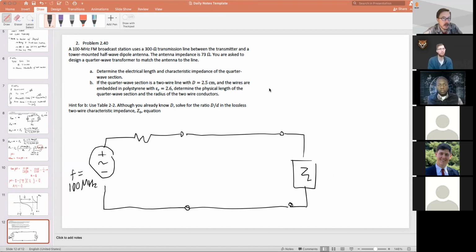We want to design a quarter wave transformer to match the antenna to the line.